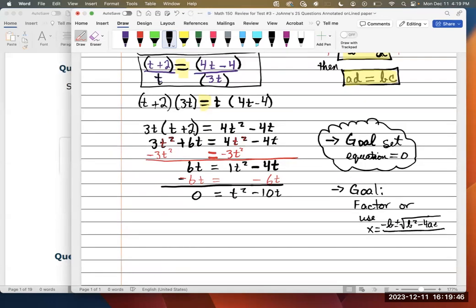And then remember both terms, the minus b and the radical, are all divided by the 2a. So I'm actually going to factor this one.